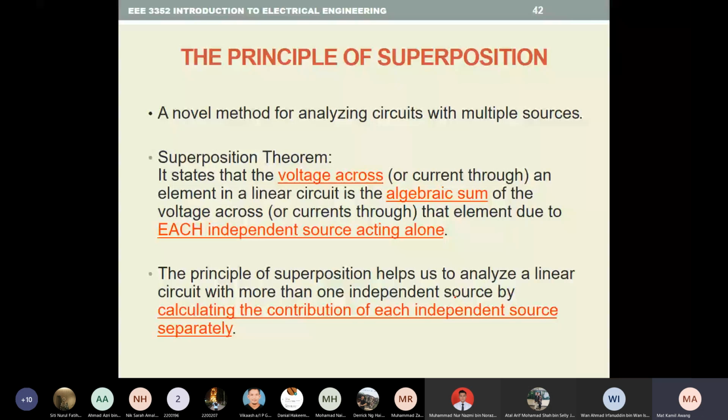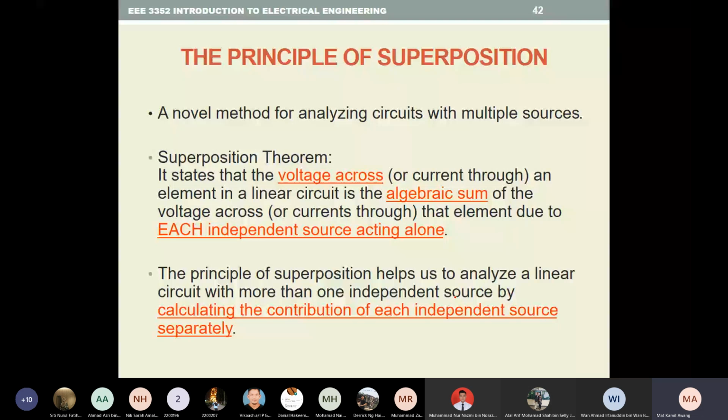Then after that, you add them together. So that is the principle of superposition. You use the linearity property to do the calculation for the principle of superposition. So a novel method for analyzing circuits with multiple sources.